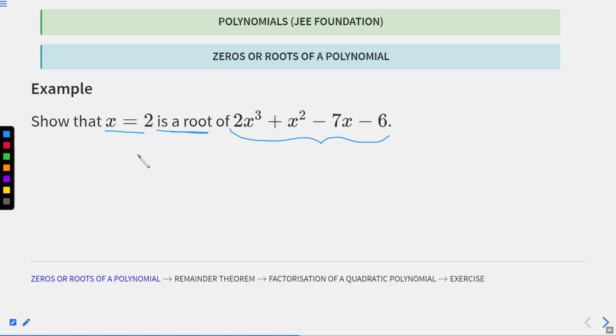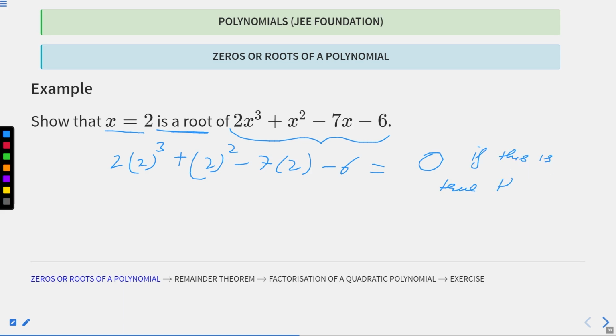If this is our root, this means if I put 2 instead of x, I will get the whole expression equal to 0. If this is true, then I will say that 2 is my root, or zero, of the given polynomial.